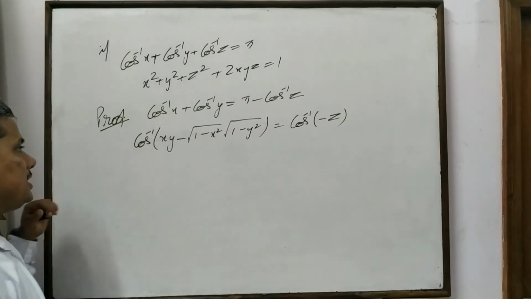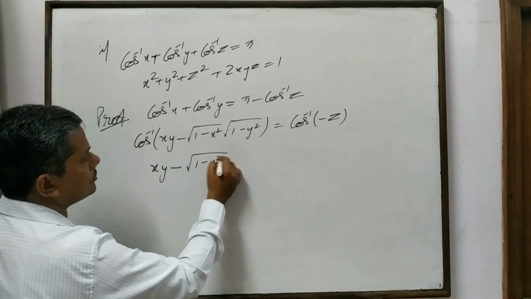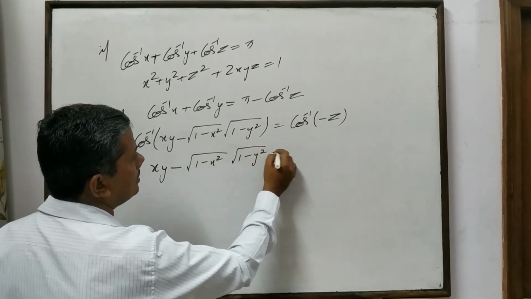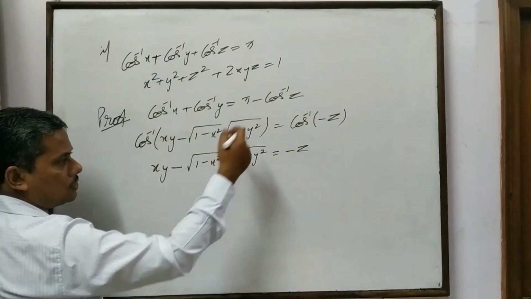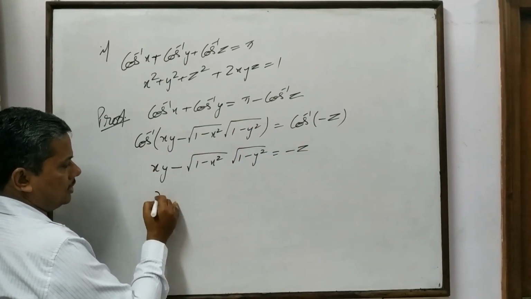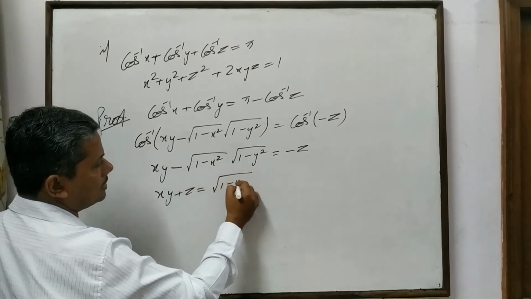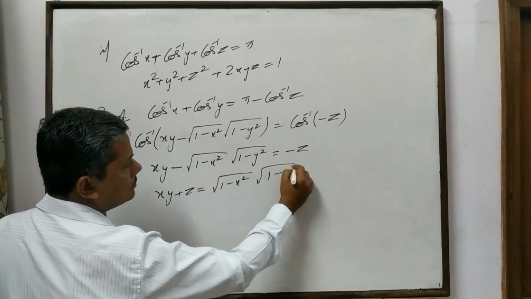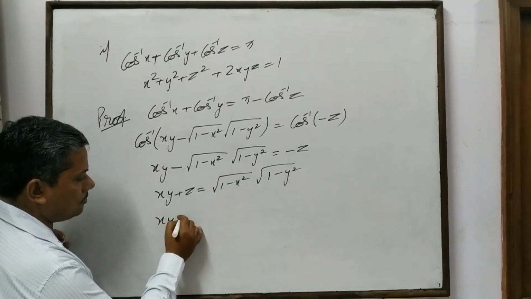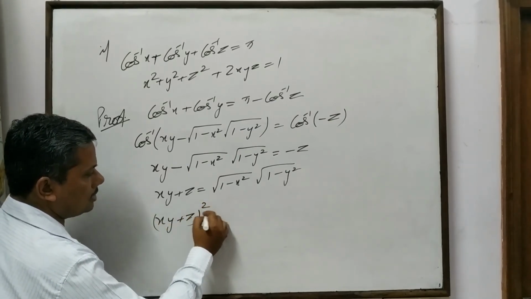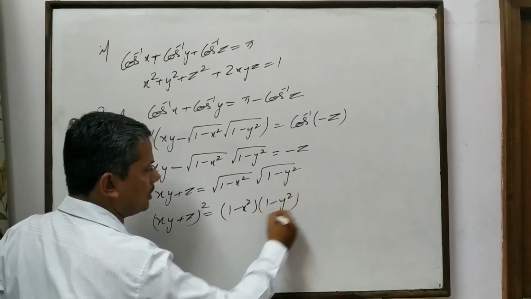Take cos on both sides. You will have xy minus under root 1 minus x square into under root 1 minus y square is equal to minus z. Take these square root terms on the right hand side and z on the left hand side. You will have xy plus z is equal to under root 1 minus x square into under root 1 minus y square. Squaring both sides, xy plus z, the whole square, is 1 minus x square into 1 minus y square.